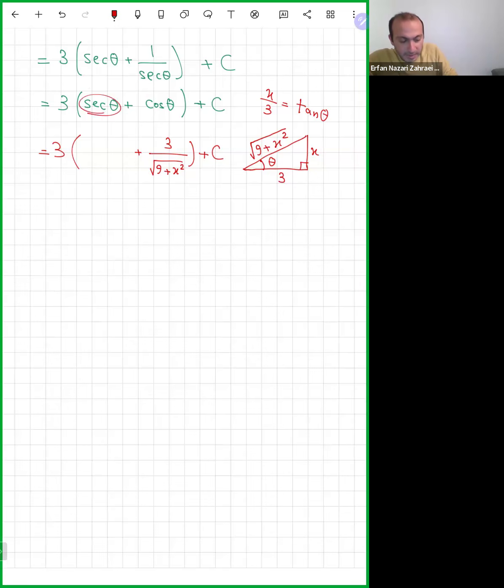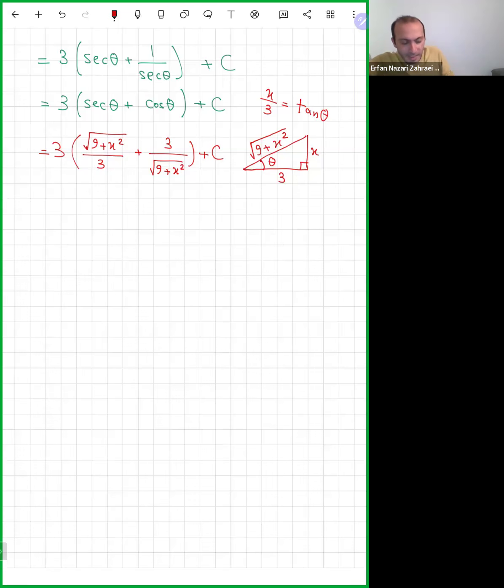What is secant? Secant is 1 over cosine, so it's basically swapping top and bottom of this. So it's root 9 plus x squared divided by 3. This is secant. So this is my final answer in terms of x.